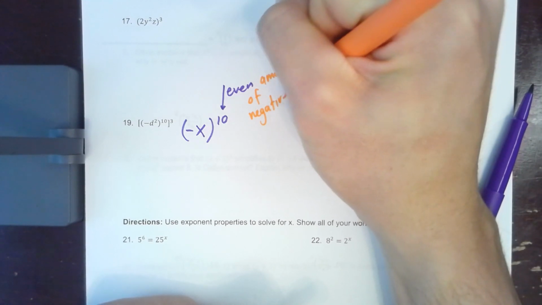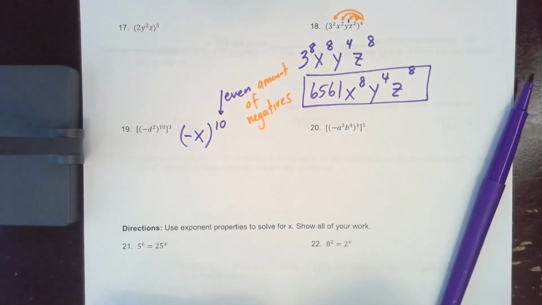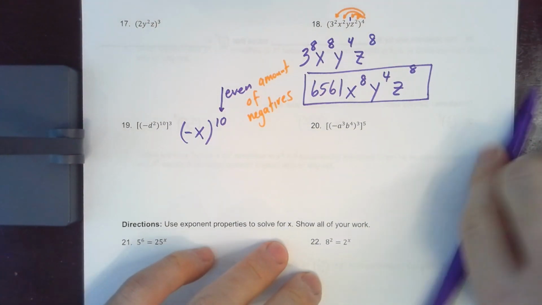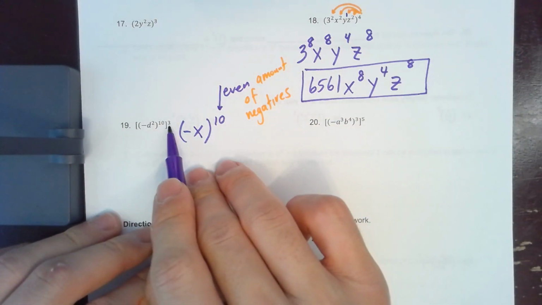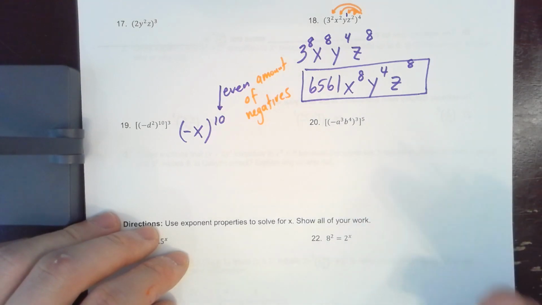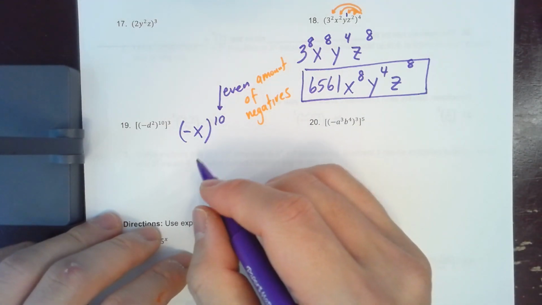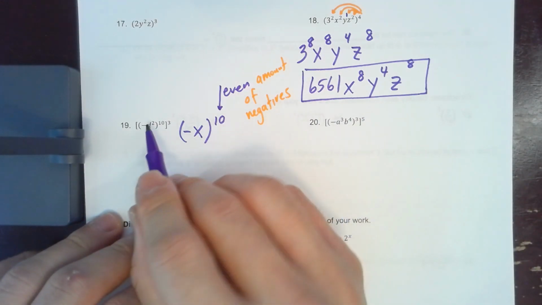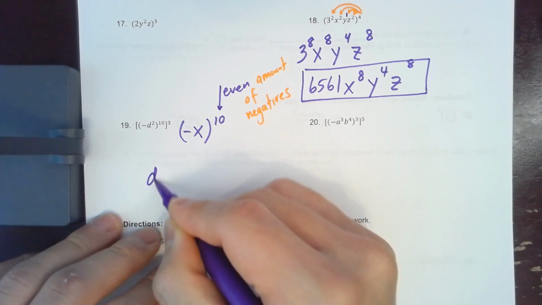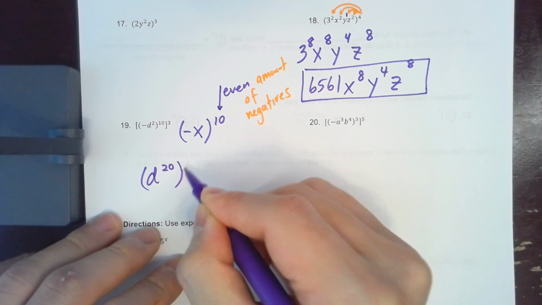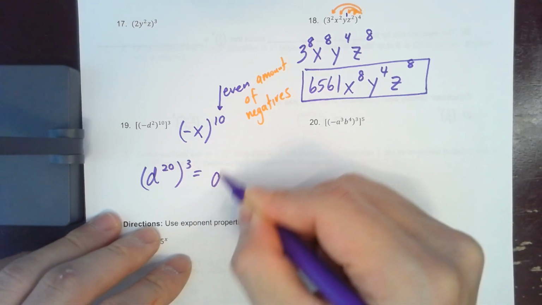And this is what we call an even function, which will lead to a positive answer. Okay. And then if it's a positive answer with a 3 on the outside, well, then that will be a positive answer as well. So when you know that, you don't have to be intimidated by the negative sign. You know that this is just going to be d to the 20, and then with a 3, which ends up being d to the 60.